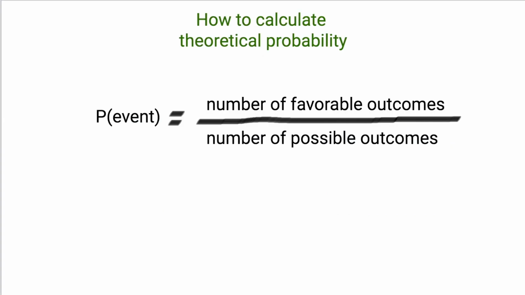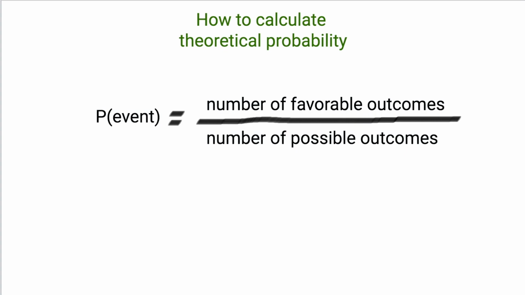After looking at the probability scale, the next thing is how do we calculate theoretical probability? How do we use mathematical reasoning to figure out the probability of an event?